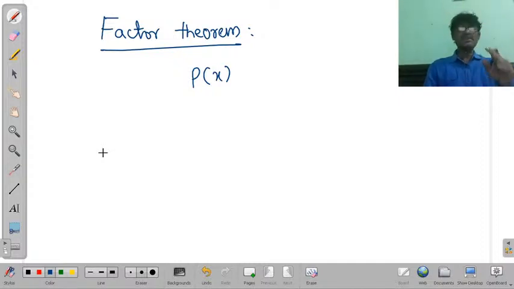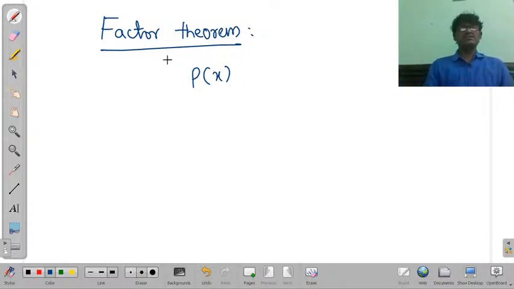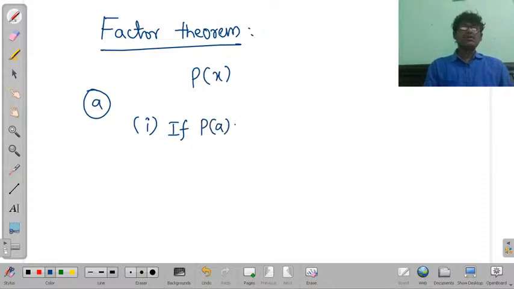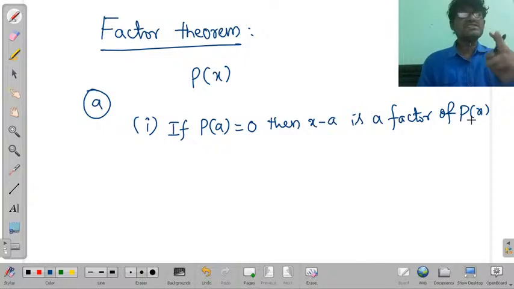If p of x is a polynomial of degree greater than or equal to 1, and a is any real number, then first, if p of a equal to 0, then x minus a is a factor of p of x. This is the first part.